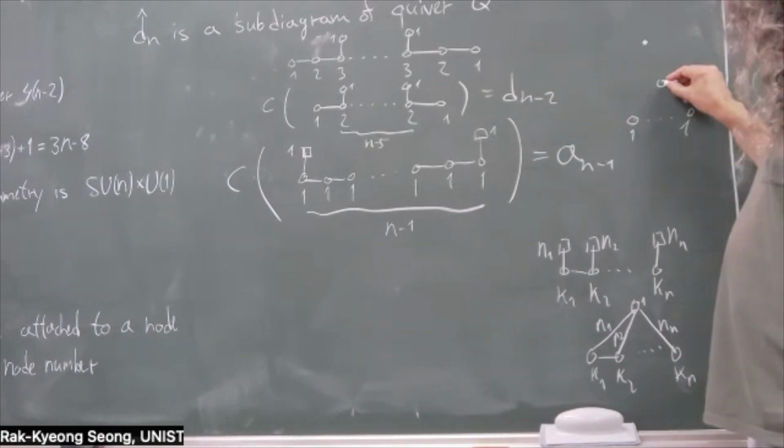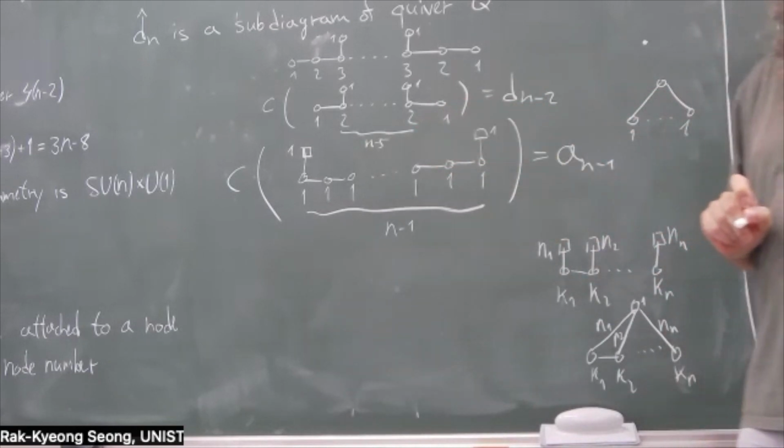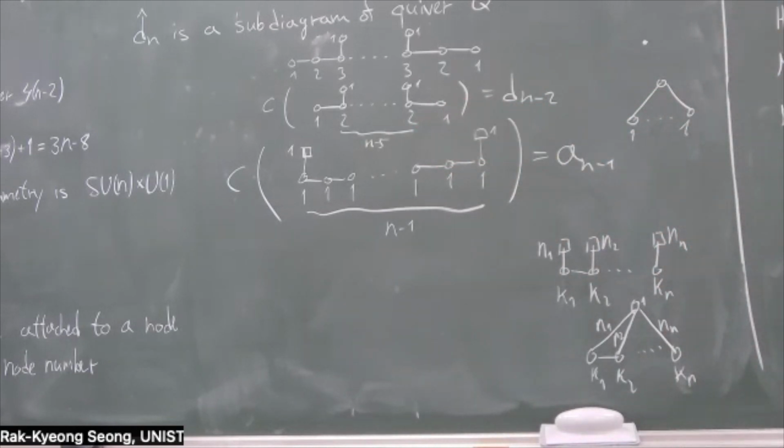One node with two edges of multiplicity 1. Right, so that's the circular quiver, which is also known as the affine A-type Dynkin diagram. Okay, so this is my answer to the question.